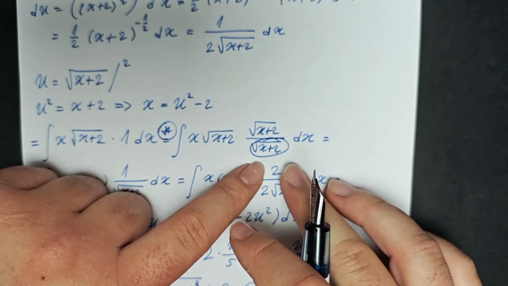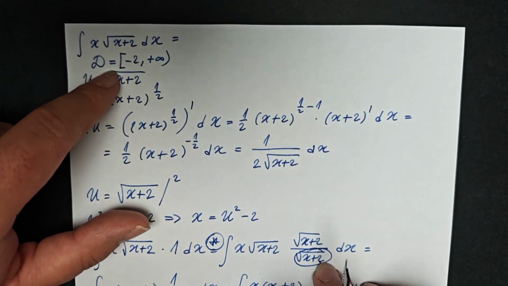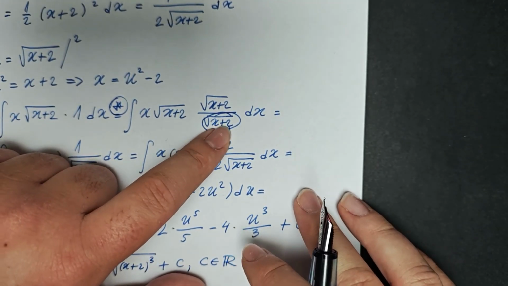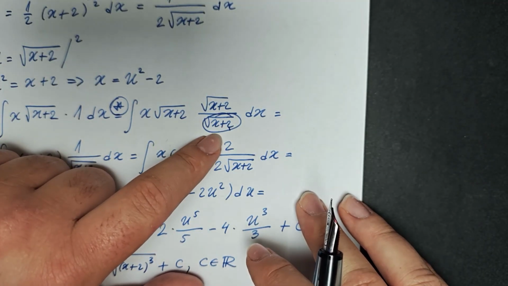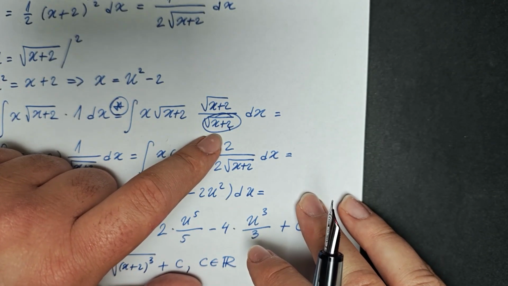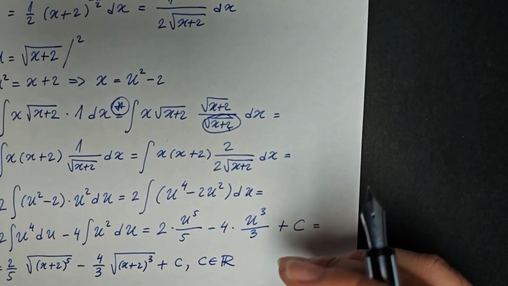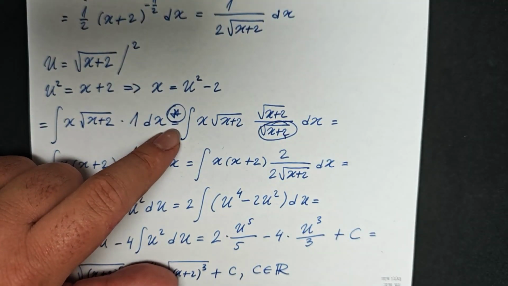X equal to negative 2 belongs in the interval in which this integral is defined. But if you plug the value of negative 2 here, you will get negative 2 plus 2, which will give you 0 in the denominator, and we are not allowed to divide by 0. So the sign of equality here, where this star is, does not apply.